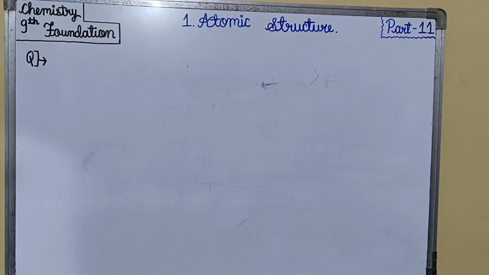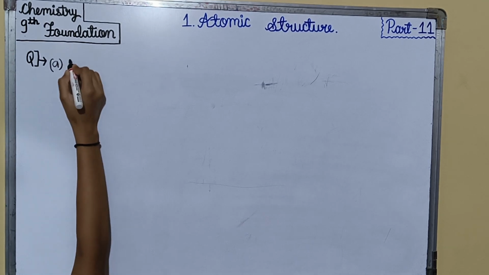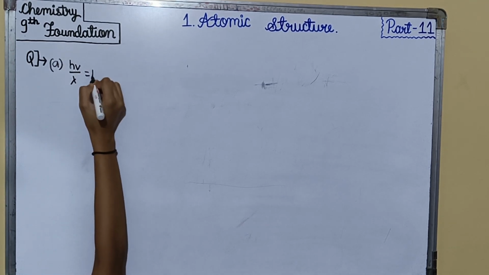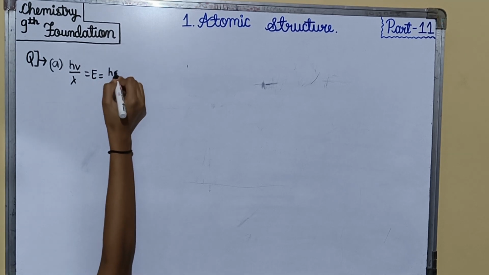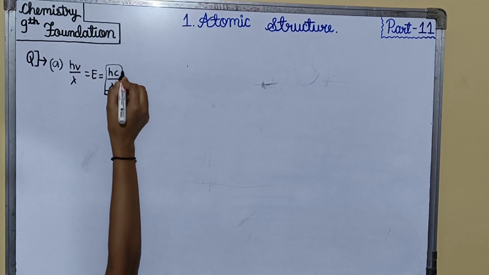Option number C is lambda c upon h. And option number D is none. So, solution is option number A, that is correct. E is hc upon lambda. So this is the formula.